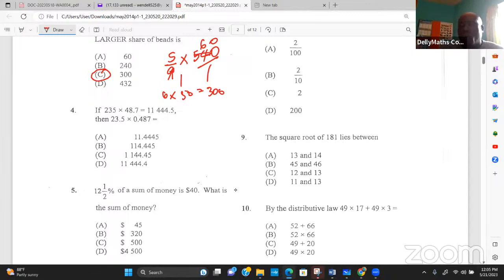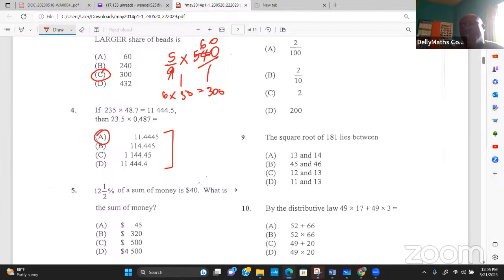You're not required to work this out, because if you look at all the answers, every answer has 11445 in it. So it's more about whether I know how many digits behind the point I'm looking for. You're looking for 4 digits behind the decimal point, which would have been A.